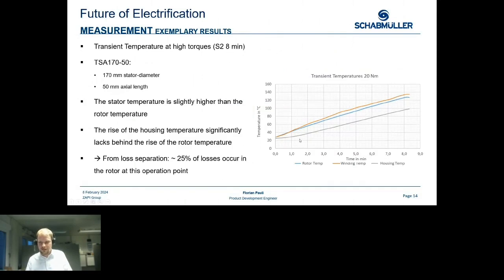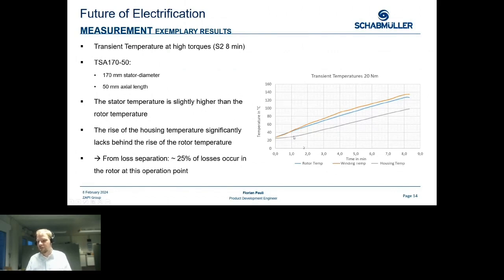Then we have taken another operating point where we've applied quite high torques. You can see that stator and rotor are rapidly heating up. However, in this case, the stator temperature is even a little bit lower than the rotor temperature, and that is caused by the fact that there are thermal capacitances that need to be heated up, and that might take some time.